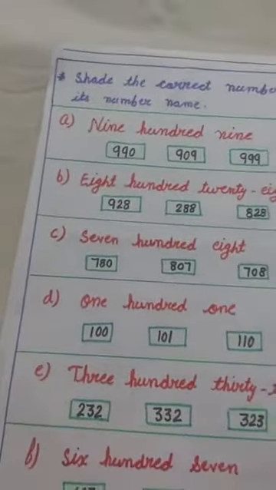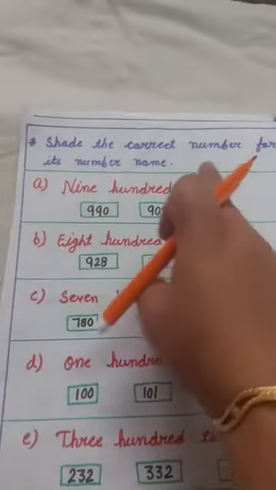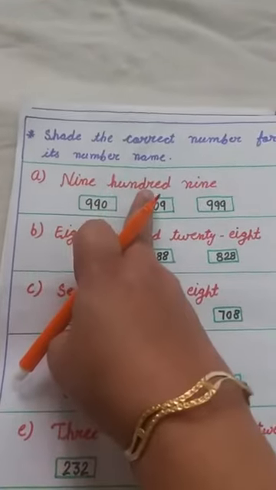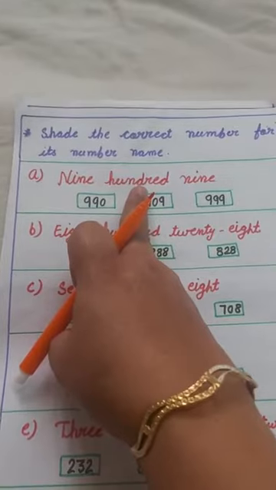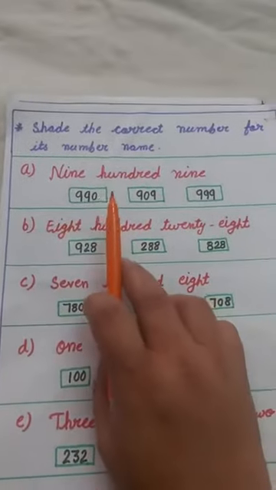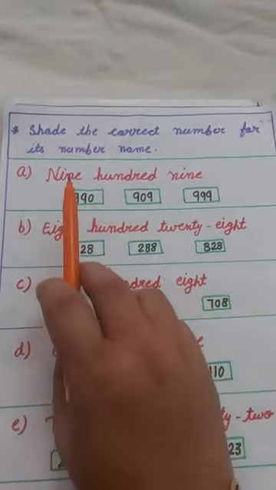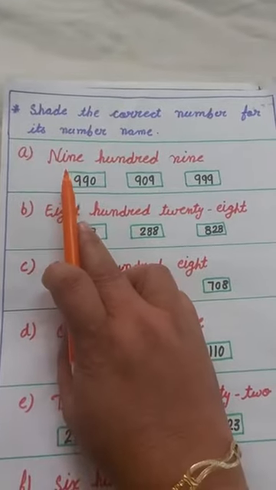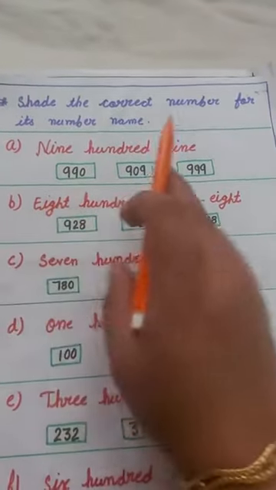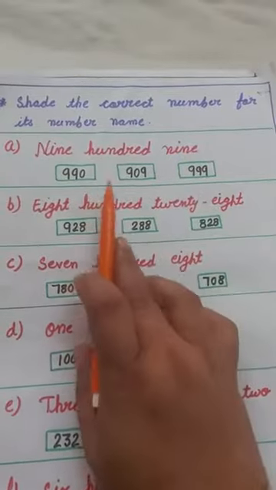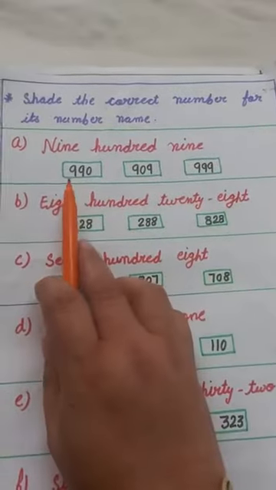Now, we have to shade the correct number for its number name. We have given number name and we have to find the correct number for it. The first number name given is 909, and these are the numerals for it.